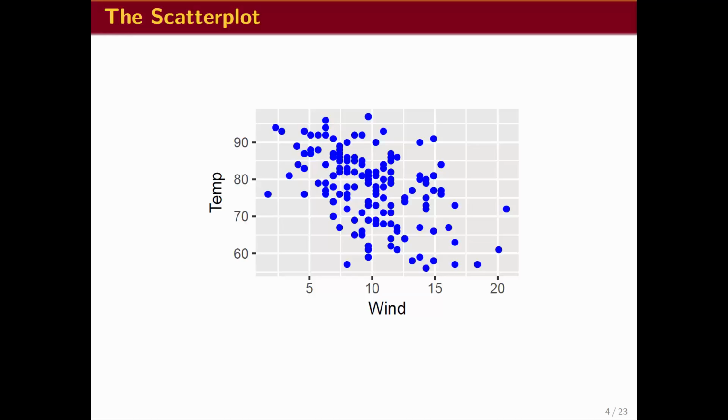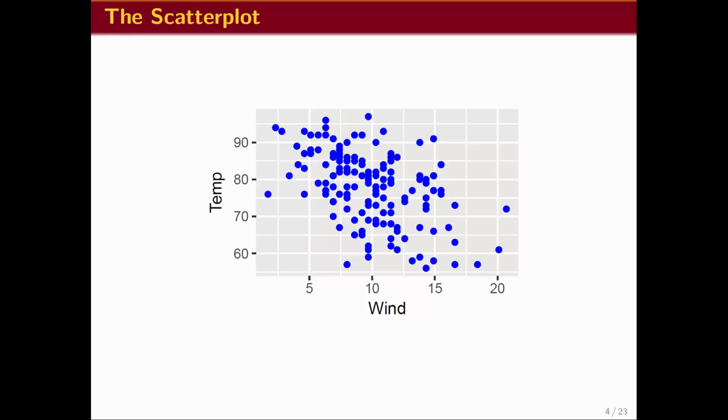What would you say about the relationship between temperature and wind on the basis of this plot? Is there a relationship? Does it look like there is? Yes. What is the nature of that relationship? They're decreasing, so higher wind speed is associated with lower temperatures.